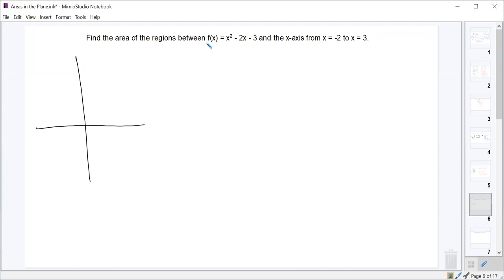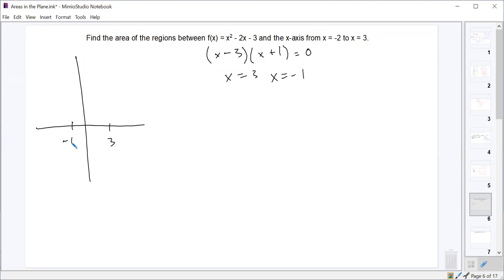Perfect. So what does it factor to? x minus 3 times x plus 1. That tells us that it has x-intercepts at x equals 3 and x equals -1. And so we're integrating from -2 to 3 is what we want to do.